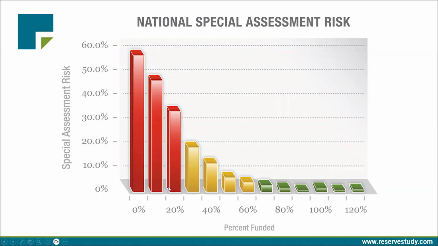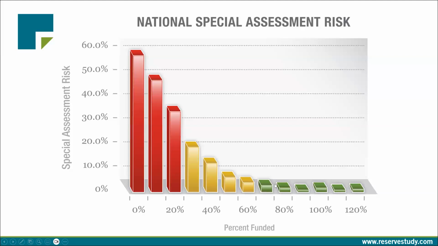When your reserves are weak, you need to have extra cash to be able to do your projects. And then the opposite is true. When your reserves are strong, above 70% funded, basically all you have are natural surprises. And those are the things that you have special assessments for. That's why they were created in your governing documents.